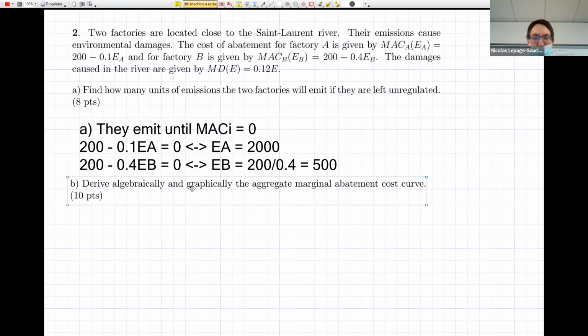Derive algebraically and graphically the aggregate marginal abatement cost curve. That's possible, I'm going to ask you something like this too.